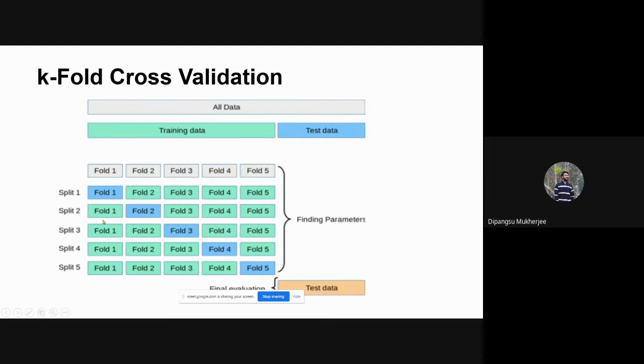Similarly for fold 3, fold 4, and fold 5. You can see here all the data can be trained and tested as well. So that's why we always prefer model validation, that is, k-fold cross validation.